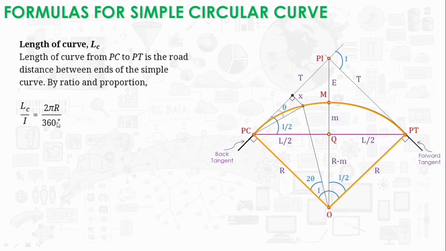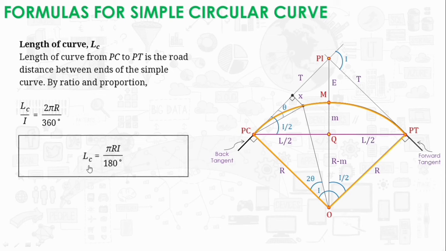What is 2 pi R? It is the circumference of the whole circle, divided by the degrees of the whole circle, 360 degrees. Rewriting this equation, the length of curve equals pi R I over 180 degrees.